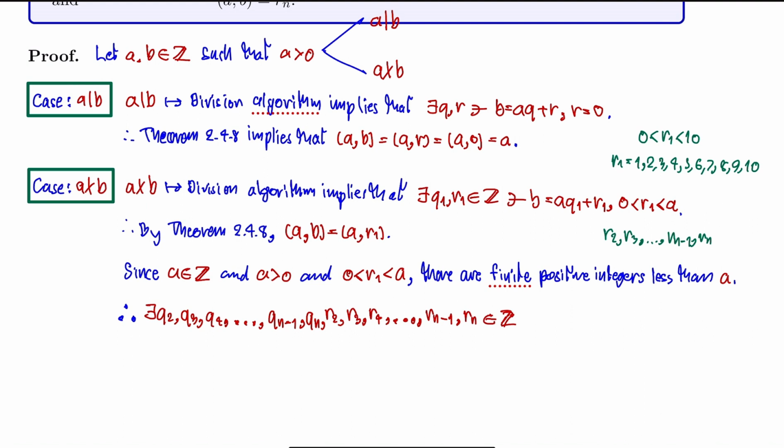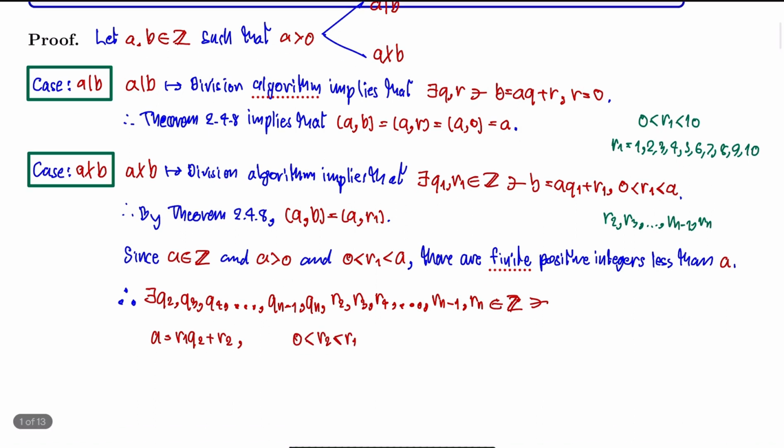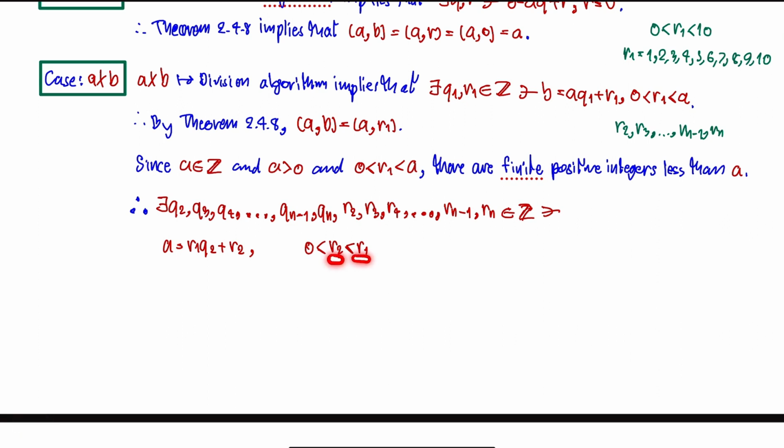It's like we have the quotient Q2 with the remainder R2 when we divide A by R1. Alright, so what do we have right here? We divide A by R1, so we can have A equal R1 Q2 plus R2, where R2 is the remainder, greater than 0 and less than R1. Okay? Now R2 is less than R1, so we divide R1 by R2.